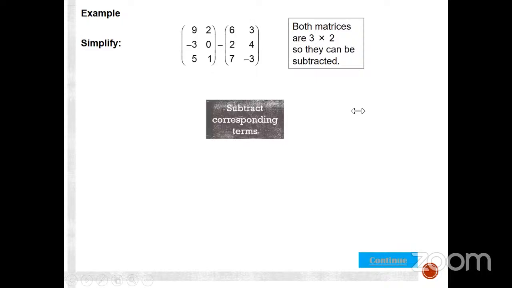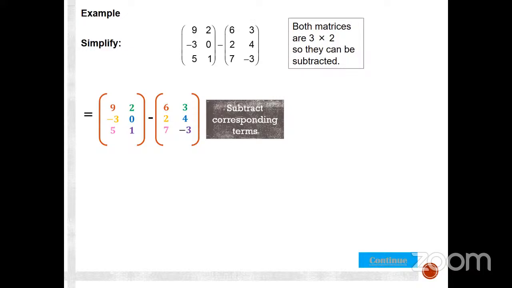Great. So remember now, we're going to subtract corresponding elements. So we have set up, and to help you, I color coded everything, especially for those who may have a little challenge matching corresponding elements. So this helps. It's a 3 by 2, and so we have two 3 by 2s and we're subtracting.